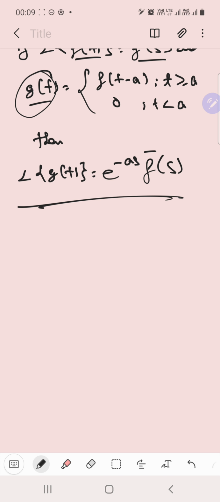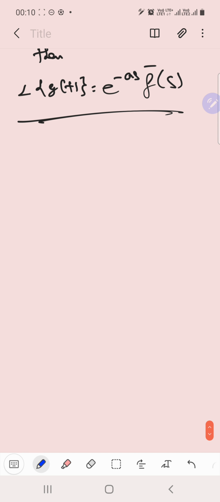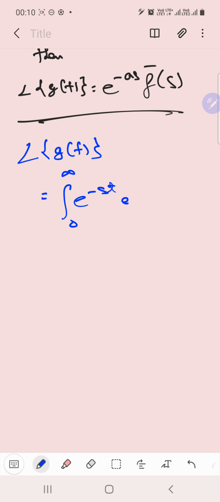From there we can find the Laplace of g(t), which is dependent upon f(t minus a). So L of g(t) will be equal to e to the power minus as f bar(s). So how can we prove this? Let's see. Proving this will be quite easy. So Laplace transform of g(t) is equal to integration 0 to infinity e to the power minus st g(t) dt.